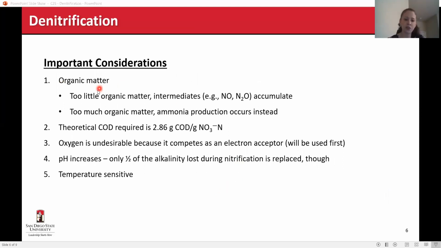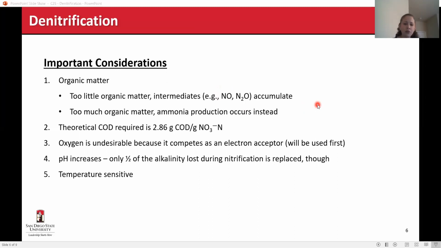So, important considerations for denitrification. We need to make sure we have enough organic matter. So for example, if we have too little organic matter, intermediates like nitrous oxide and nitric oxide can accumulate, and that's not a good thing. So even though this is a gas and could be removed from the system and accomplish our nitrogen removal from the wastewater, we don't want to get stuck with those because they are greenhouse gases.